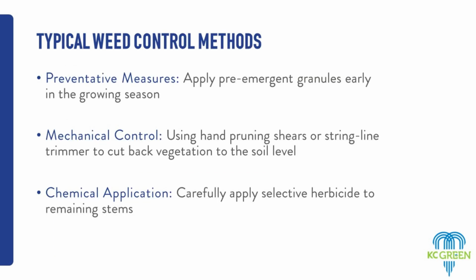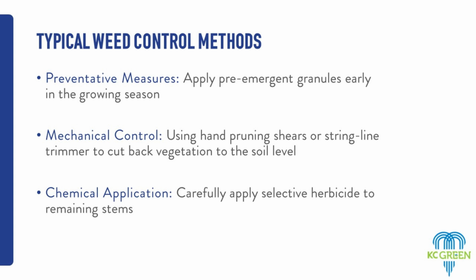So again, some of the weed control methods. The preventive measures, we already mentioned the pre-emergent granules. That's really going to be on a case-by-case basis. Some of these native plants put out seed, and we want that seed to germinate each spring, and those plants moving around is okay. Of course, the pre-emergent granules would prohibit that.